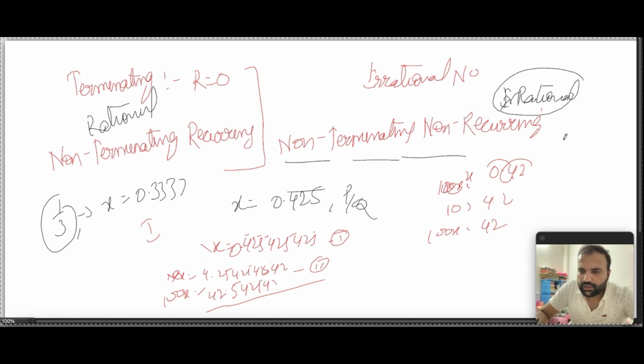So for taking one number out of the decimal, we do 10x. For two numbers, we do 100x. For three, we need to multiply by 1000.